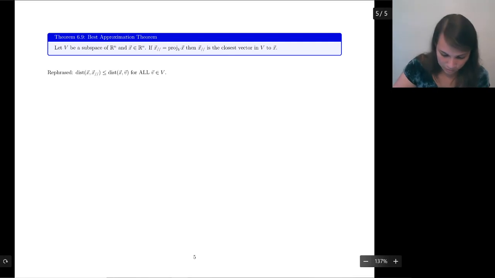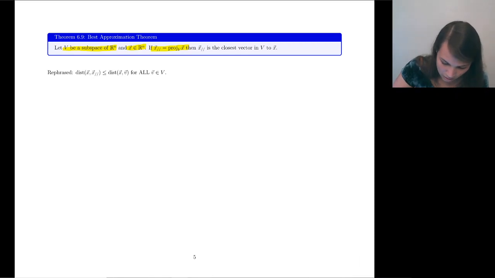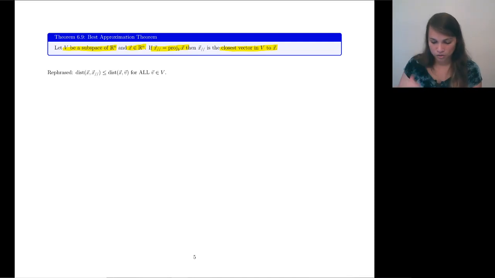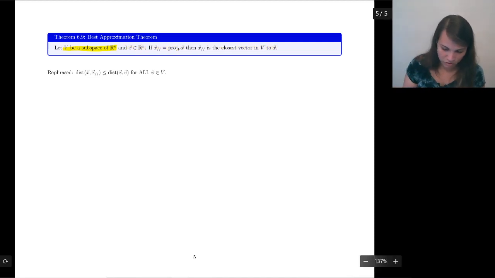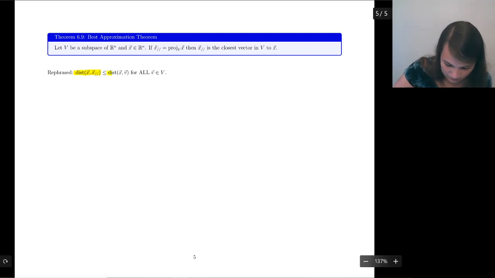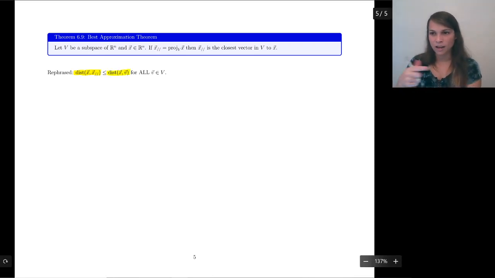So if you have a subspace and we have a vector, then the projection, so the part that's parallel, is going to be the closest vector in V to x. So a bunch of confusing lingo right there. What you should think of is the distance between x and its projection is going to be less than the distance between x and every other vector in that entire subspace.